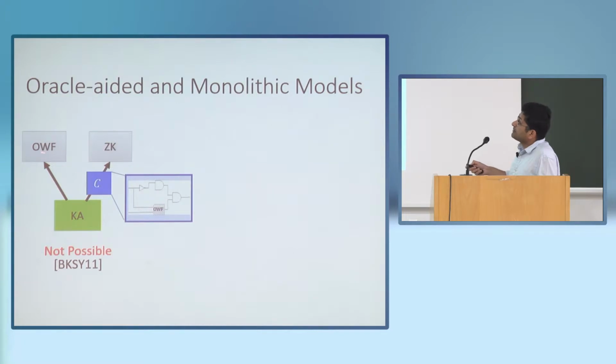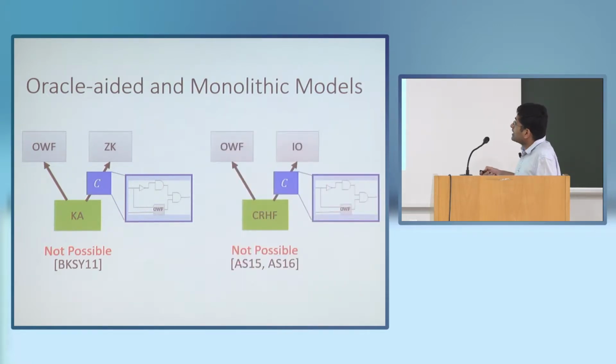Then all you need to worry about is making oracle calls to the one-way function and oracle calls to zero-knowledge with input circuits which could potentially have one-way function gates in them. But you're not right now thinking of having zero-knowledge gates, or if you're using NIZK, NIZK gates inside it. Okay, so just one-way function gates. And this was formalized by Berkowitz et al., and they proved that this is not possible. You can't realize key agreement in this model.